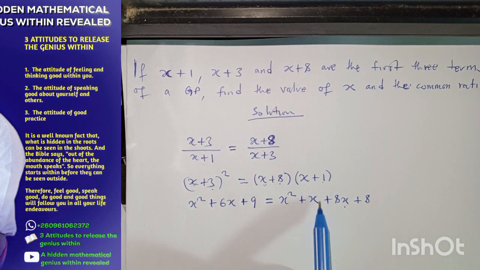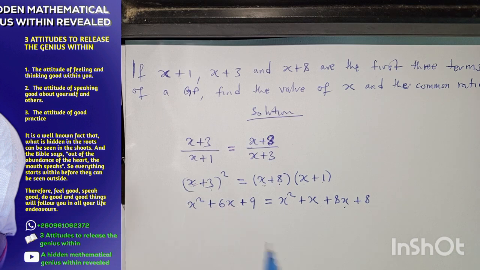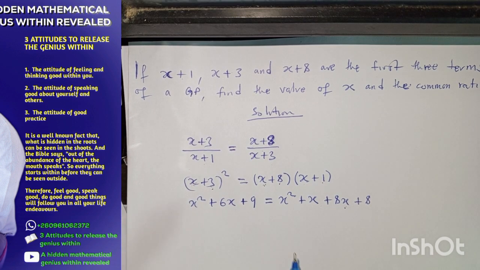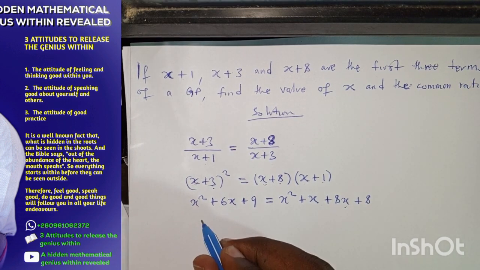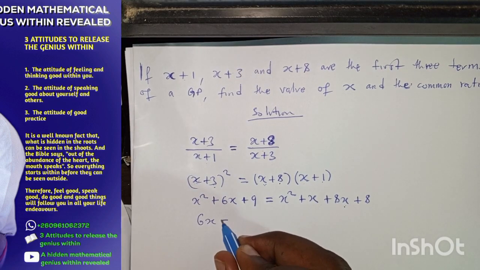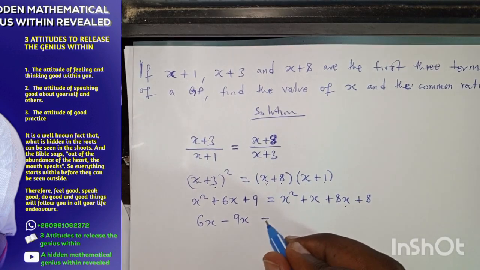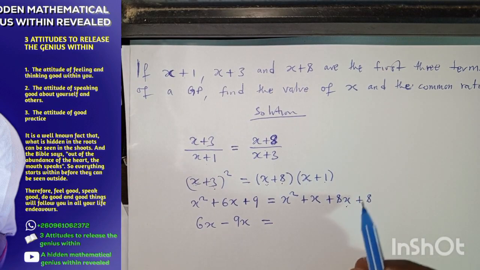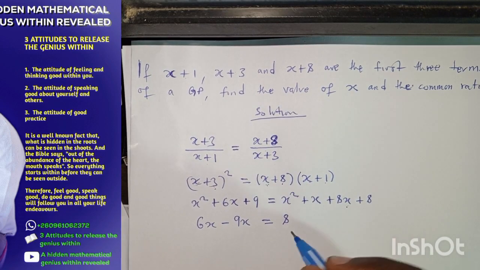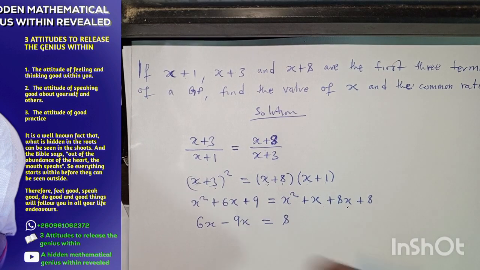Now this 9x, when it comes to this side, it will be a minus. So we are going to have 6x minus 9x is equal to 8, and this plus 9.